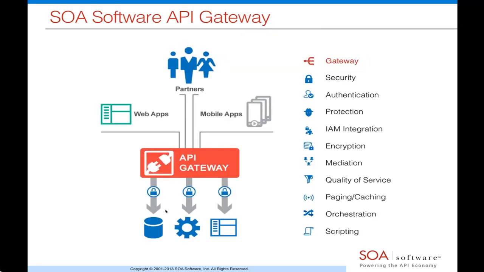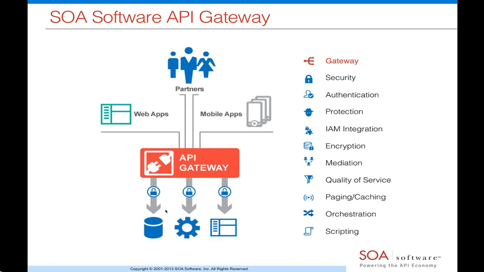So we've discussed a lot of things around API security, and these are things that you need to take care of from an API perspective. They're very, very specific to API. But from a SOA Software perspective, we do provide an API gateway, and the gateway essentially takes care of all the security aspects that we just discussed.